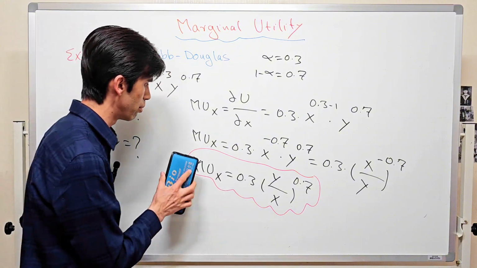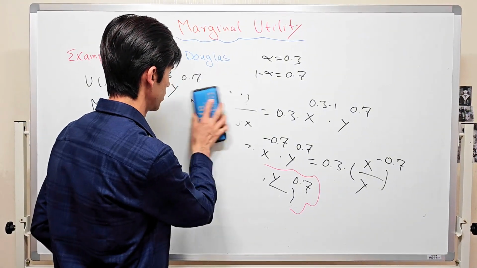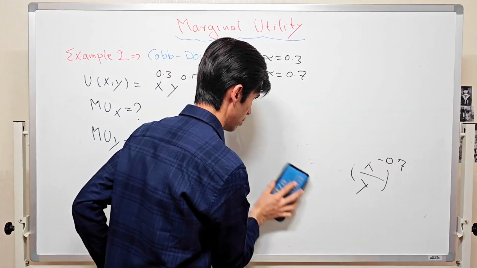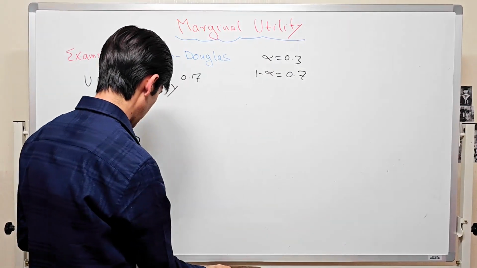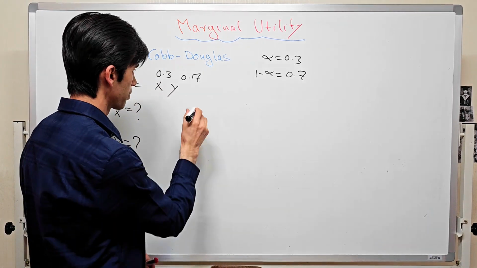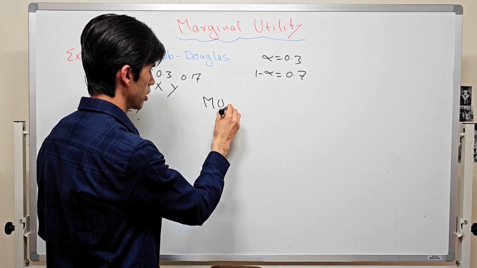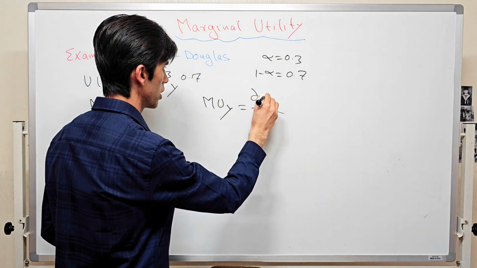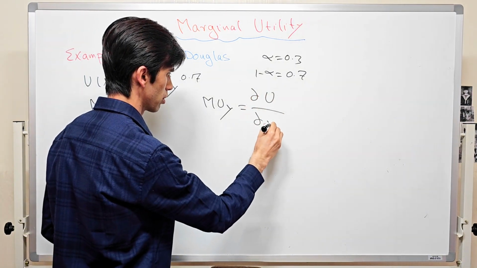So now let's find the marginal utility of y. Then the marginal utility of y is equal to the partial derivative of the utility function with respect to y this time.